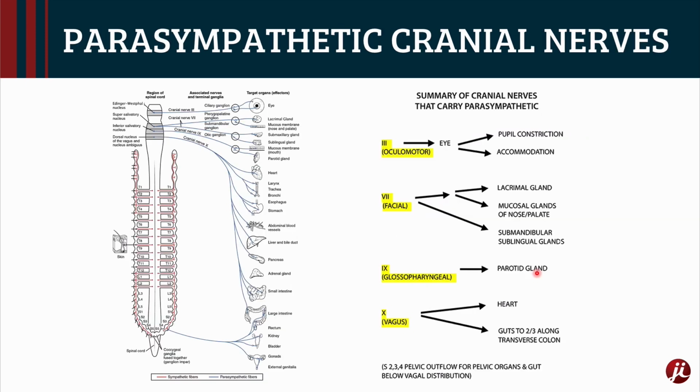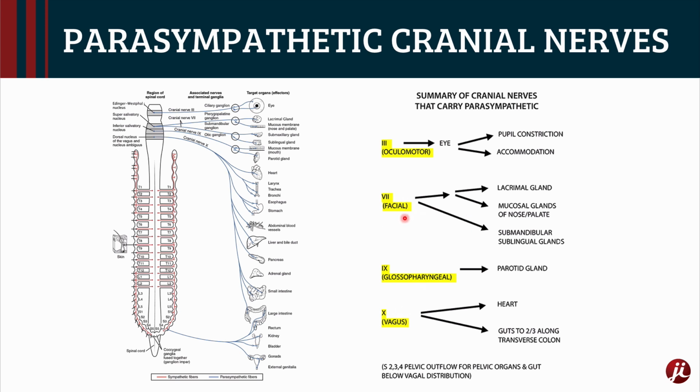So just to sum up and bring all of this home, just a quick review of our 4 cranial parasympathetic nerves. We have our oculomotor nerve, our facial nerve, our glossopharyngeal nerve, and our vagus nerve. And 2 of those nerves we saw in the infratemporal fossa.